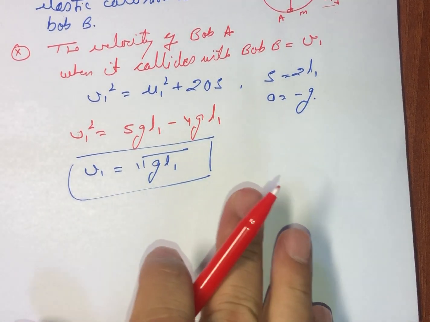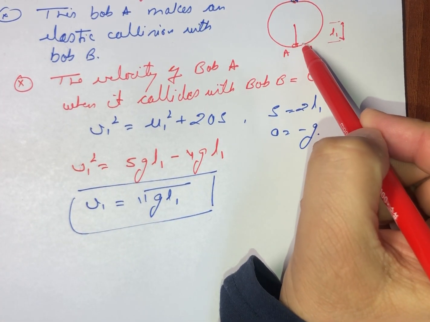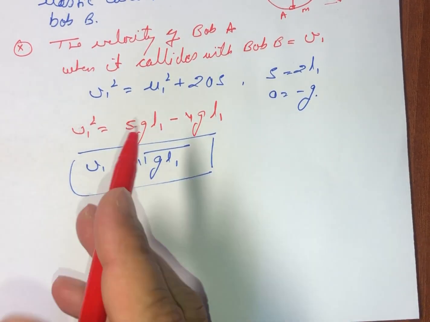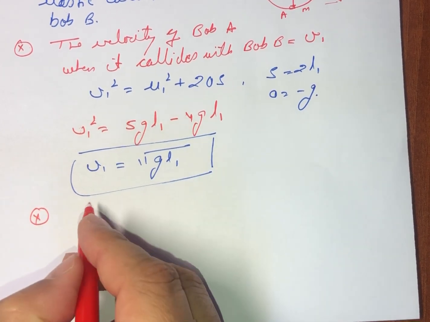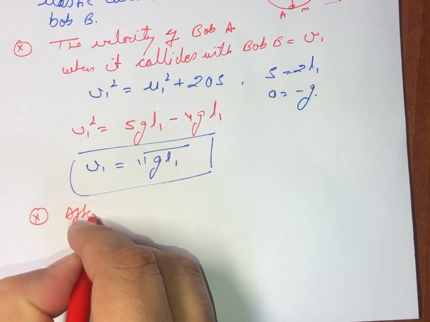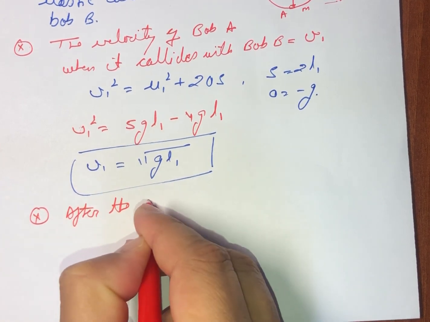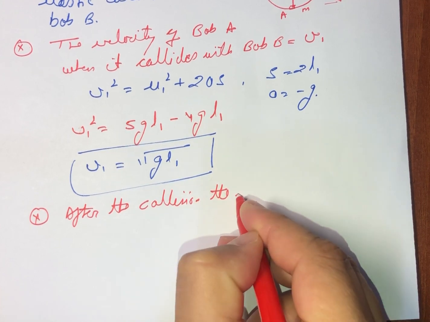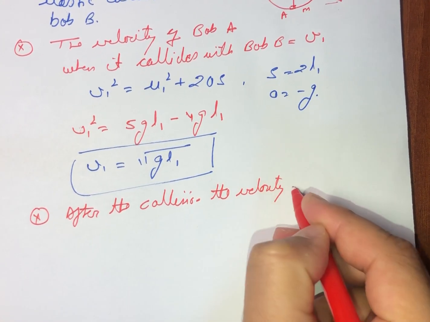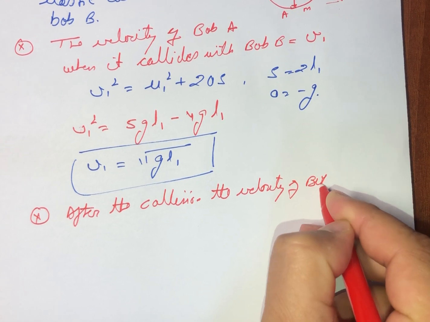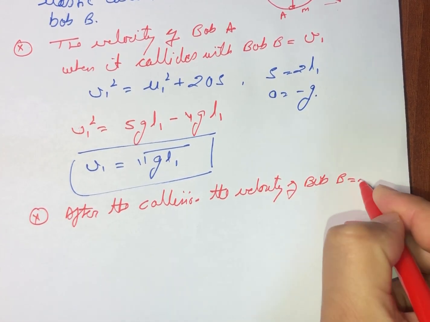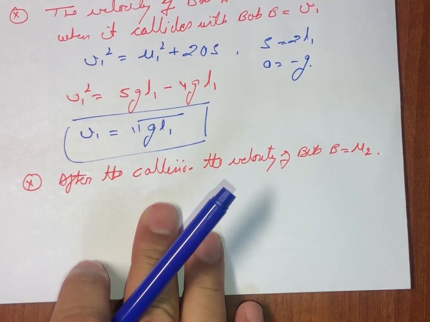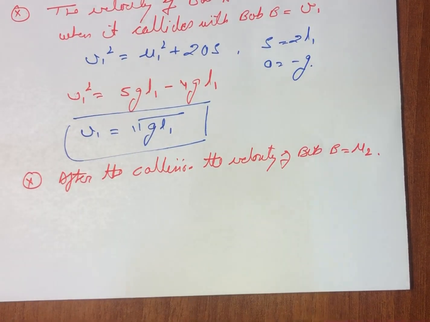We also assume that the velocity of bob B after the collision is given as u2. Now we can use the conservation of momentum.